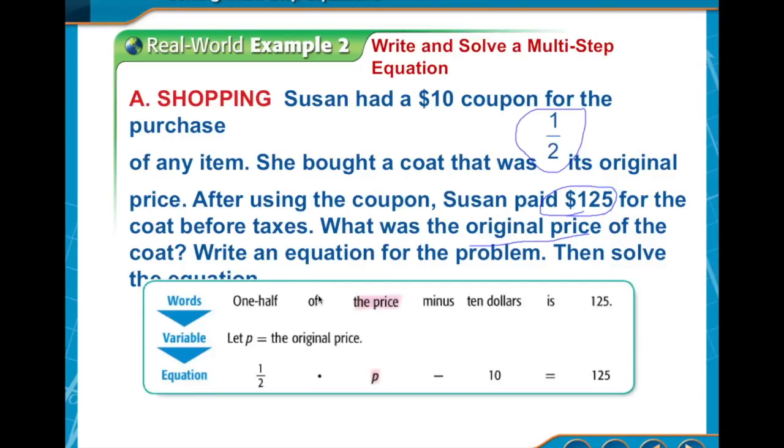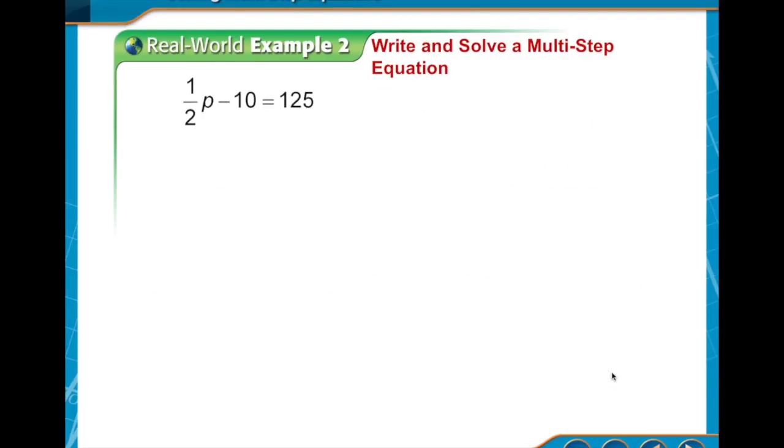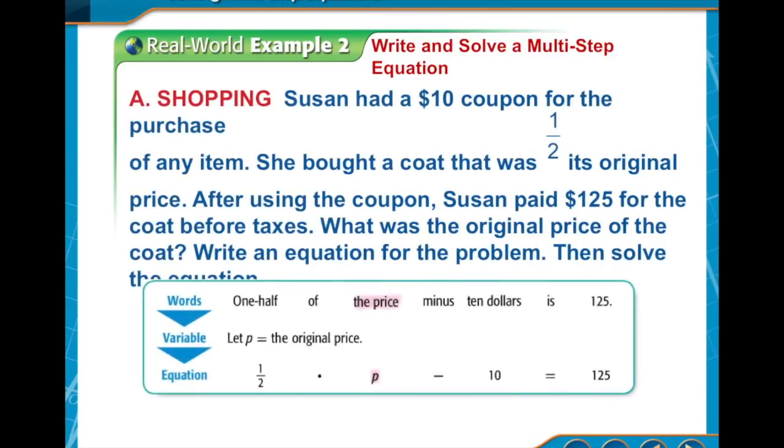So 1/2 of the price minus $10 is what she paid, 125. In other words, 1/2 times some price P minus 10 would equal 125. So that's an equation. This is going to be our equation that we use to now solve our problem.